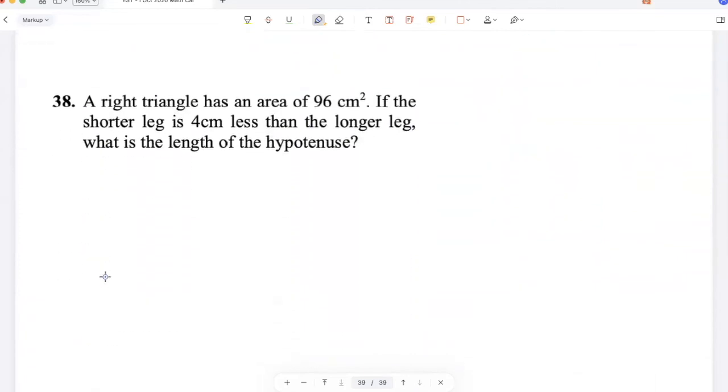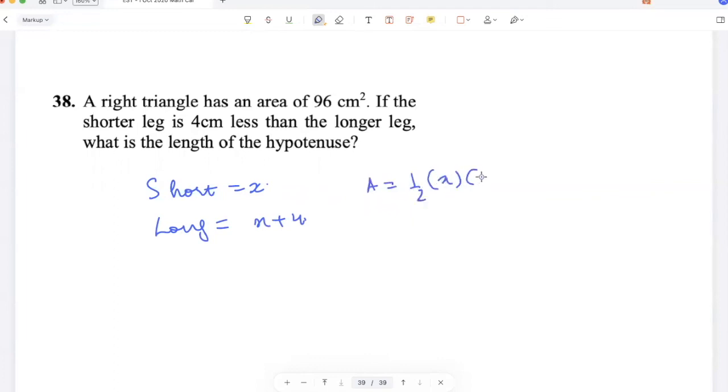A right triangle has an area of 96 centimeters squared. If the shorter leg is 4 centimeters less than the longer leg, what is the length of the hypotenuse? Okay, so let the shorter leg be x, then the longer leg will be x plus 4. And the area would be half base into height.